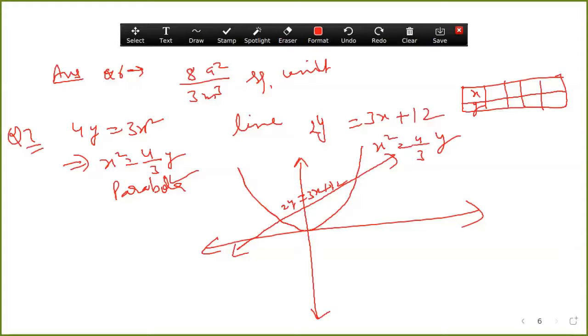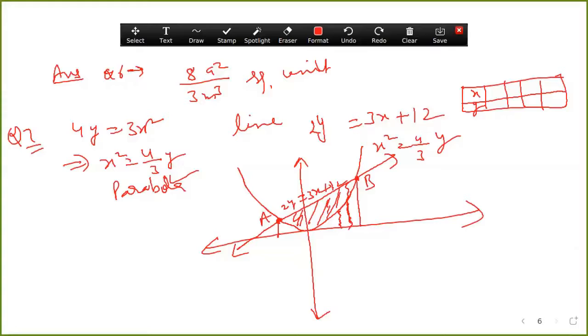Now points of intersection A and B you must know, and plot perpendiculars from A and B. You have to calculate area under the line, you will get this one. After subtracting area under the parabola, you will get the shaded portion.